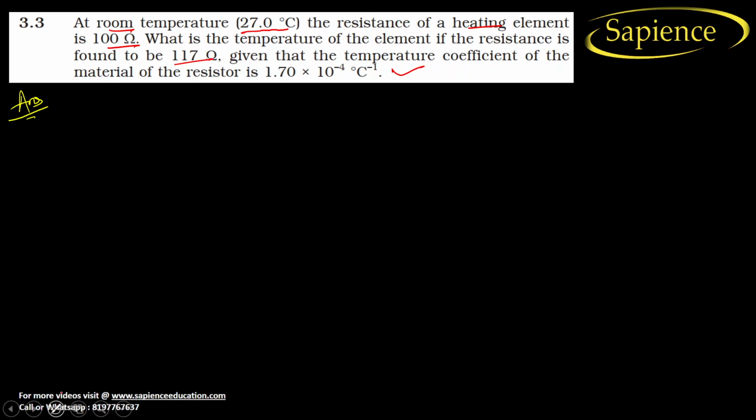Now you need to write it in a proper way. Let us suppose resistance R1 is equal to 100 ohm when temperature T1 is equal to 27 degrees Celsius. So let's erase that so that it will be visible to you. So this is 27 degrees Celsius.